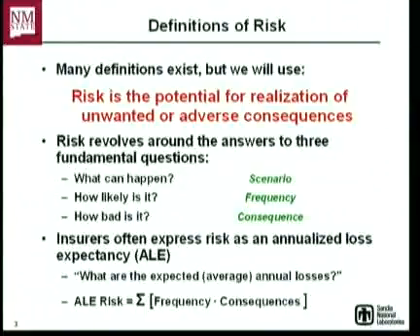They'll take all of that information and aggregate it into an annualized loss expectancy where they add up the frequency times consequence for each one of those, and they can use that to set their insurance rates.